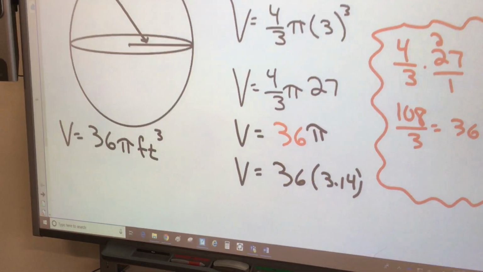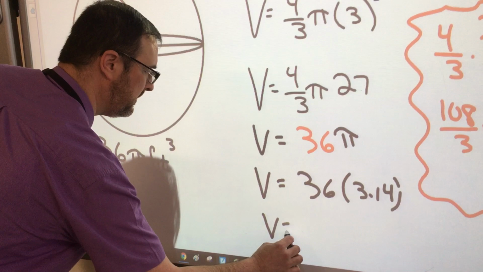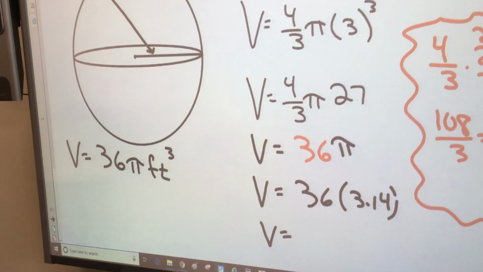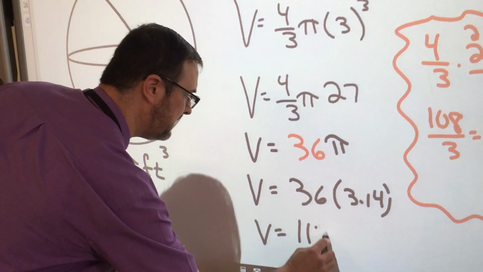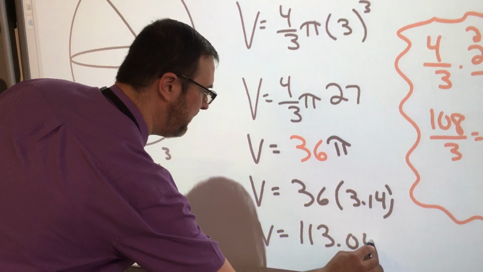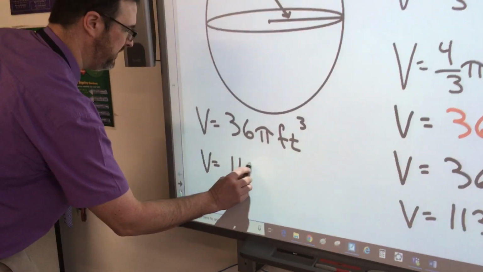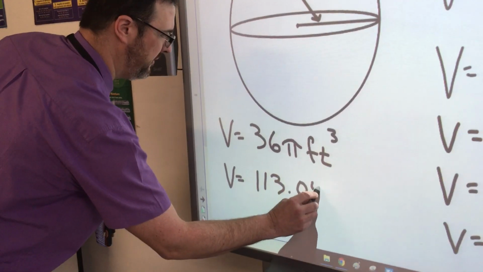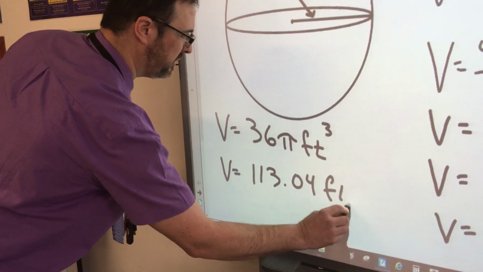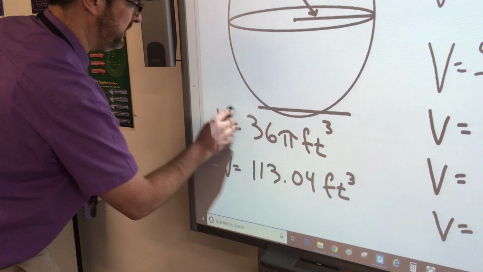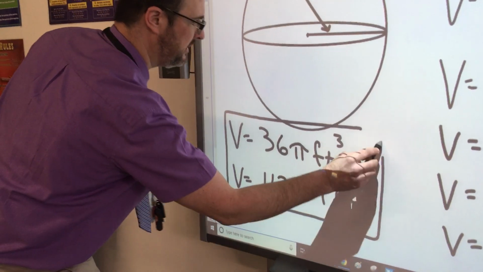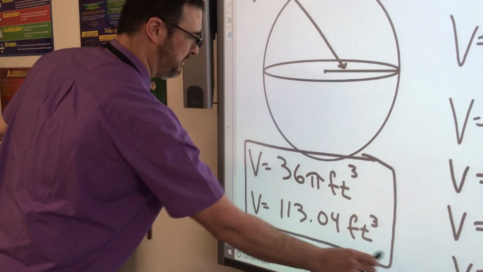And then 36 times 3.14. Doing our math out, we get 113.04. Again, 113.04 what? Well, 113.04 feet cubed, or cubic feet. Here are your two answers, one in terms of pi, and then one decimal approximation.